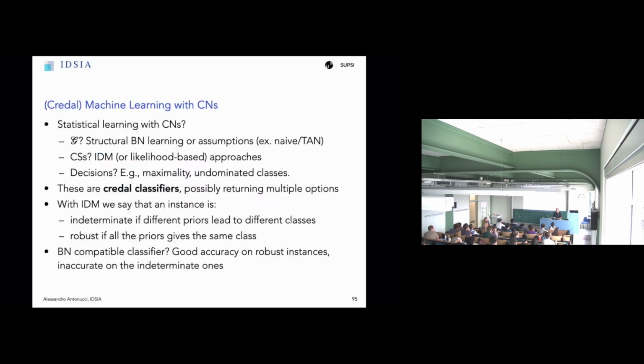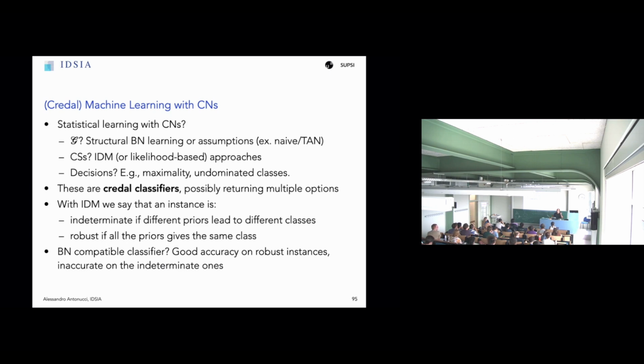Okay, so let me just tell you, I have a short time, but I'll tell you something about what has been done with credal networks for imprecise probability. I think, not sure, with Matthias, we discussed the naive credal classifier, the naive topology. So basically, the naive credal classifier is an example of a classification task solved by means of a credal network, a credal network with a very specific topology, namely the naive topology.